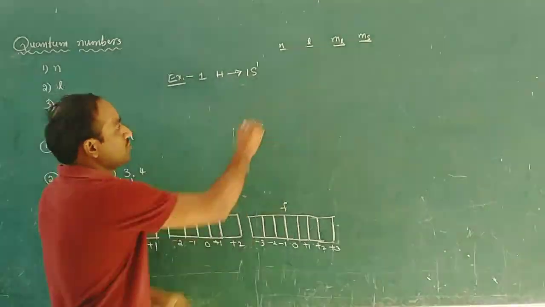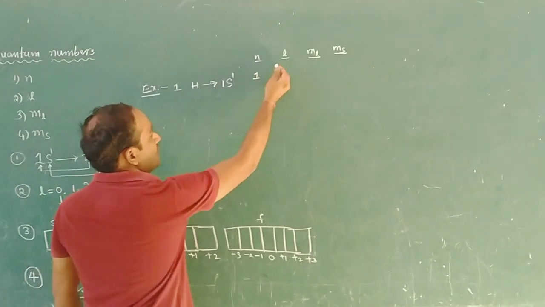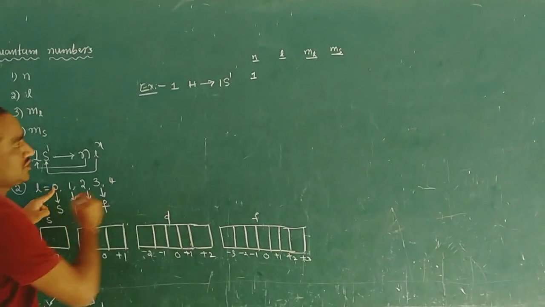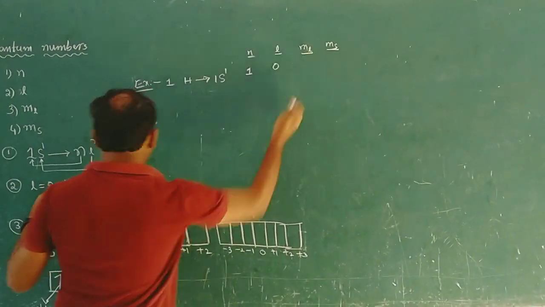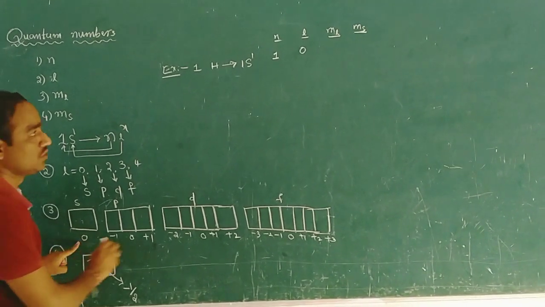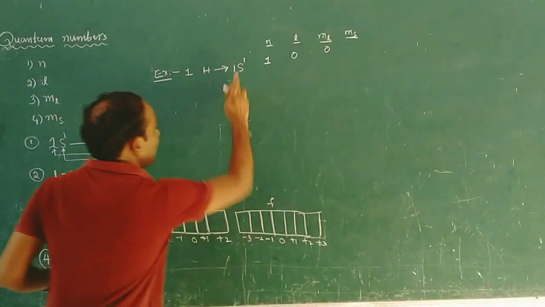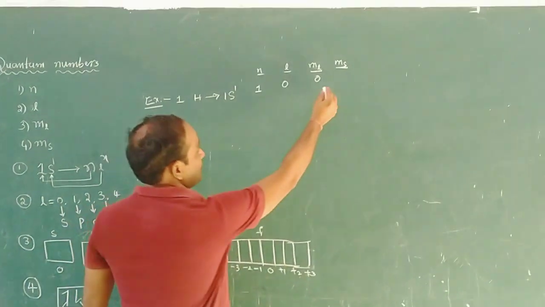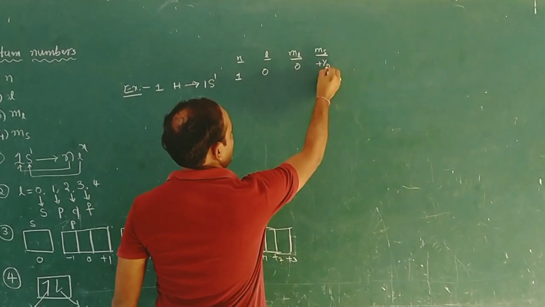From this, n is equal to 1. L value, s orbital, becomes 0. And the ml value is 0. And the first electron enters the orbital in clockwise direction, that is represented +1/2.